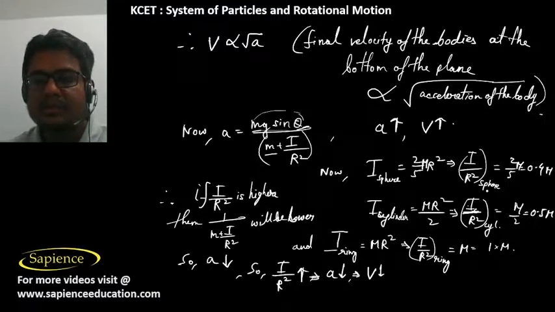So I by r square is the least for the sphere, and it is highest for the ring.